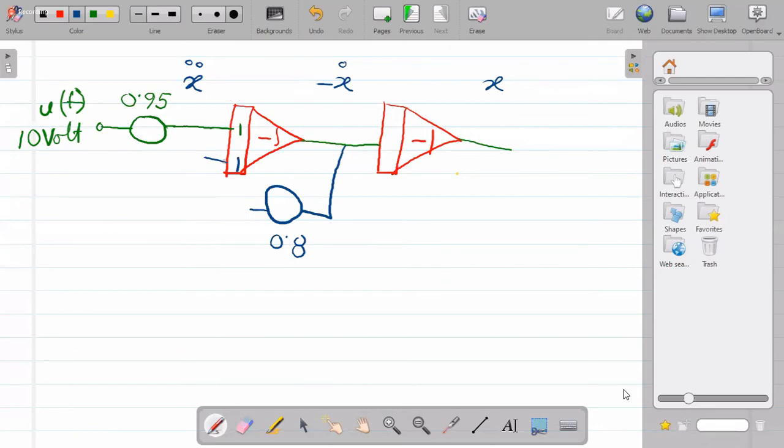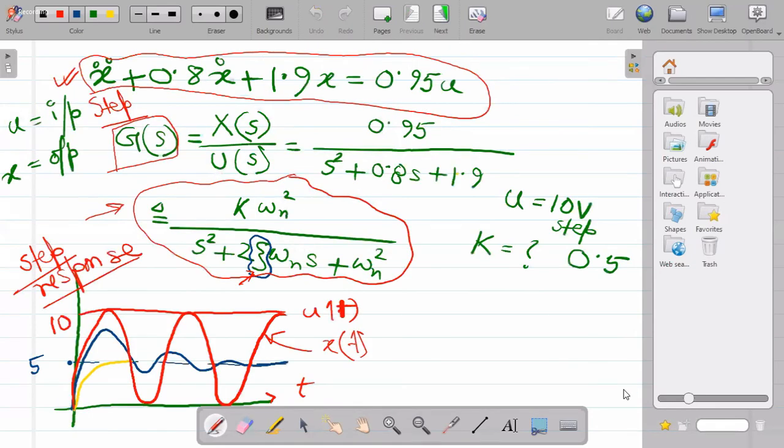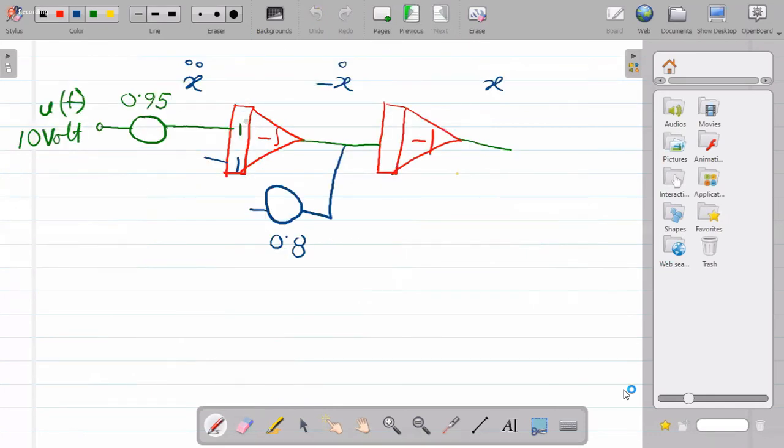Just chalk it out. You have your equation over here. So x double dot should be minus 0.8 x dot, given because the negative output goes directly to the integrator. So will it be required to have an inverter? No, sir, directly.